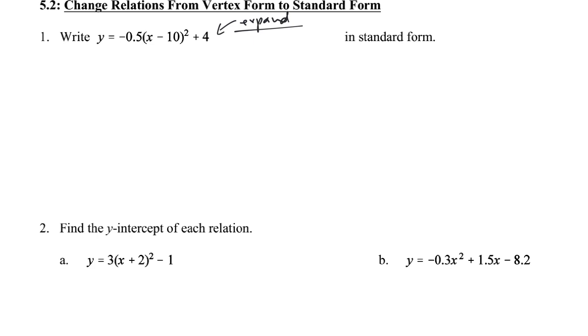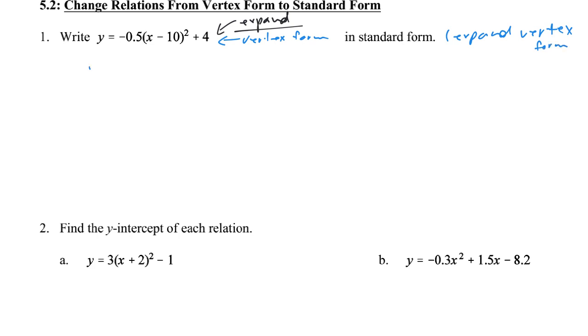Now, remember, this thing here, we call the vertex form, right? And to go to standard form, we have to expand the vertex form. Okay, so let's go and do that right now.